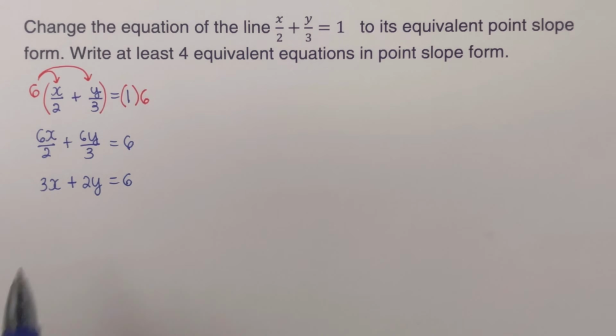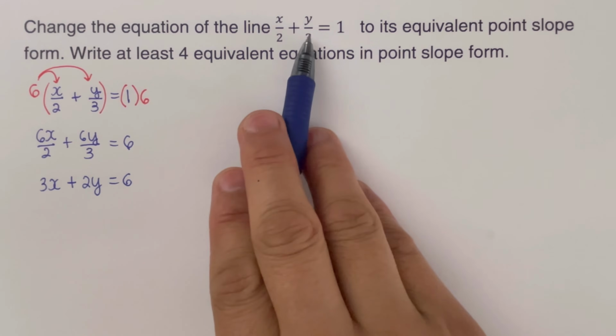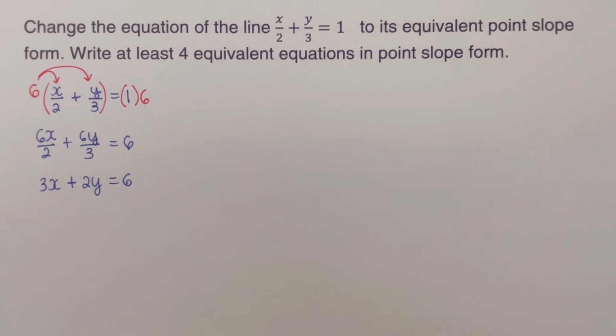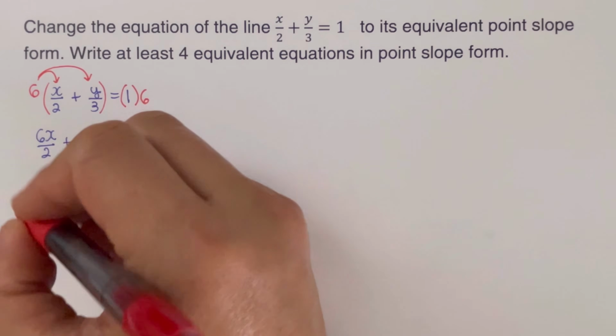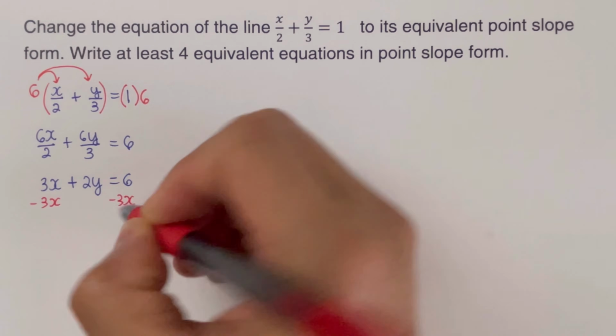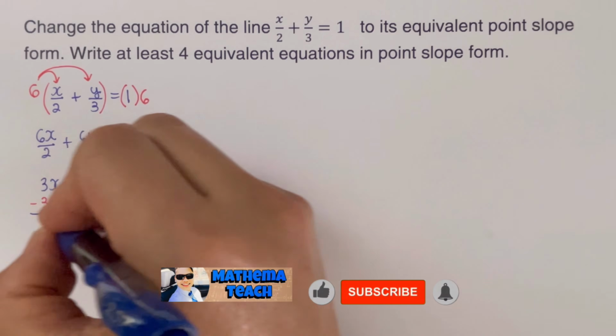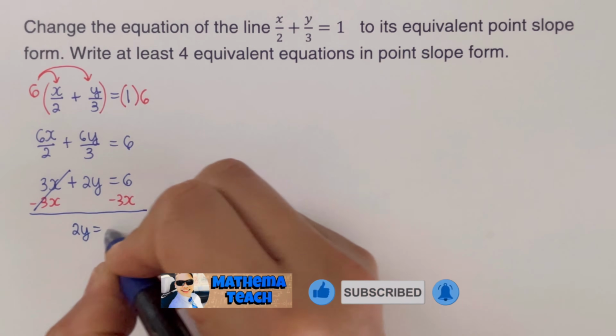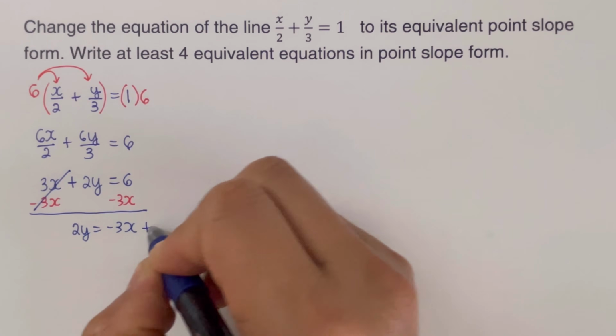So this is the standard form of this two intercepts form right there, but we wanted it in slope intercept form, so I'm going to isolate y by itself here. I'm going to subtract 3x from both sides. We can cross the 3x out, so we're left with 2y equals negative 3x plus 6.